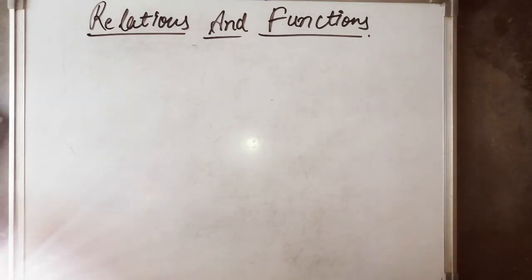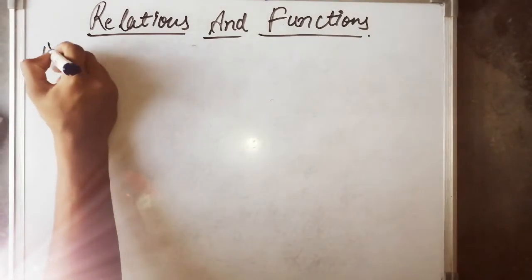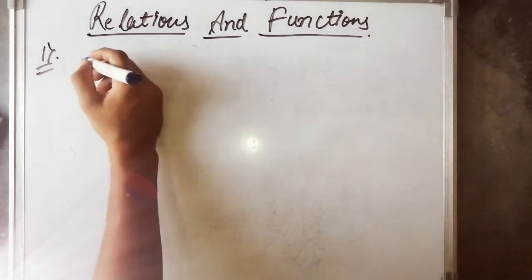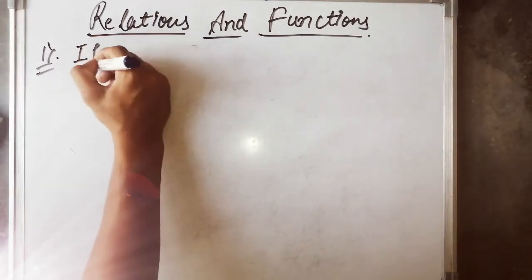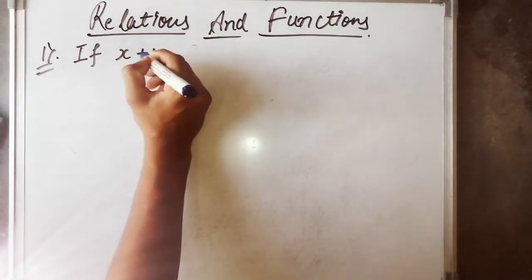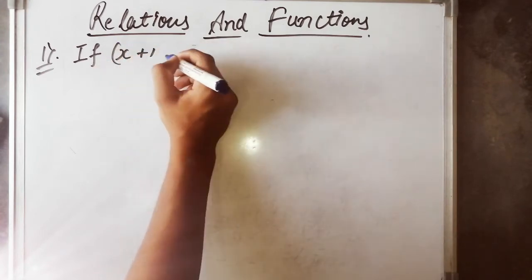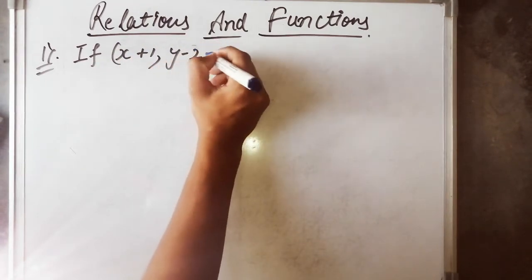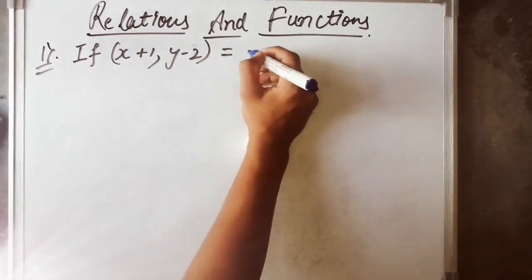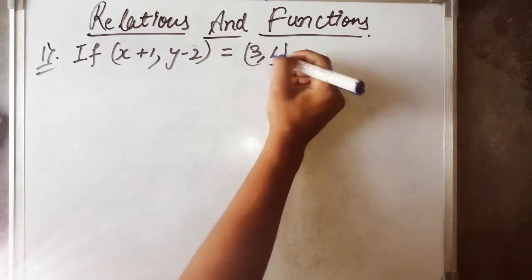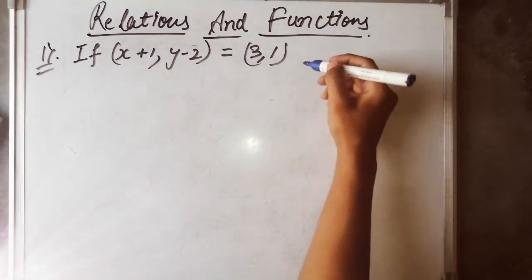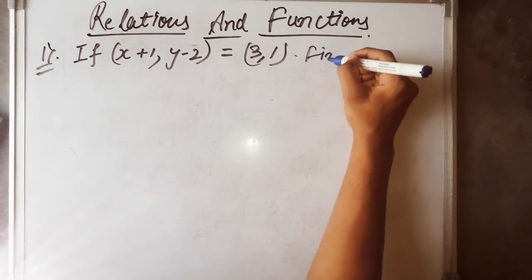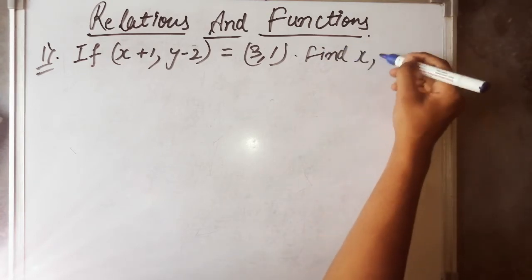So students, our first example is: if (x + 1, y - 2) equals (3, 1), find the values of x and y.